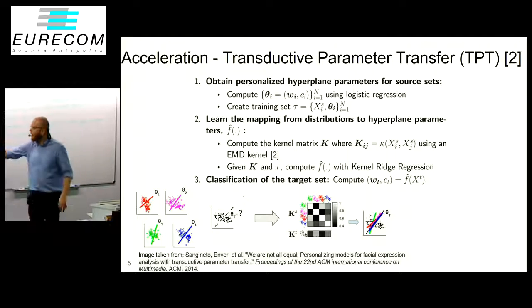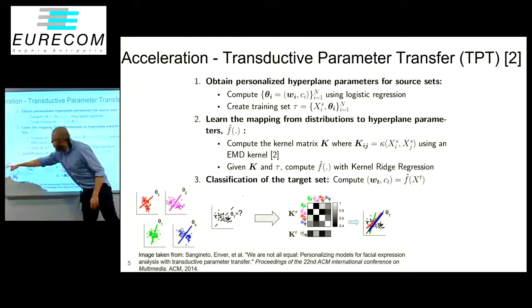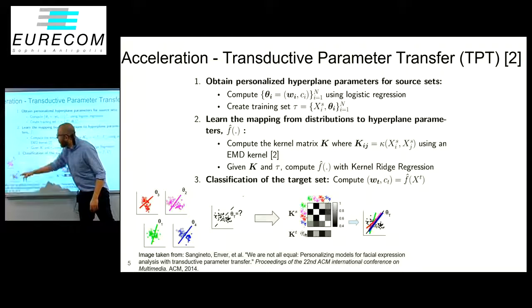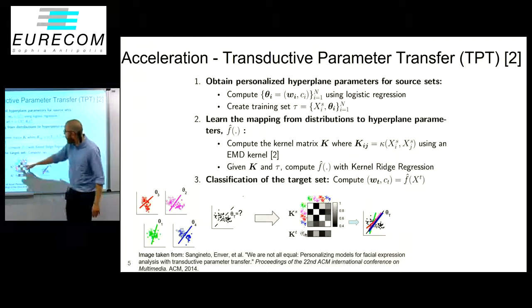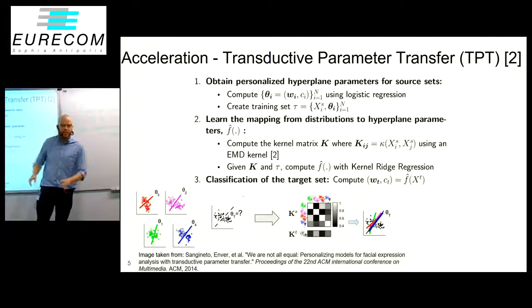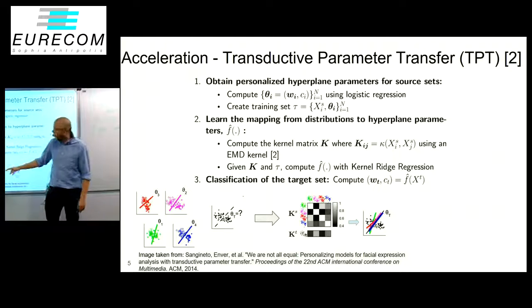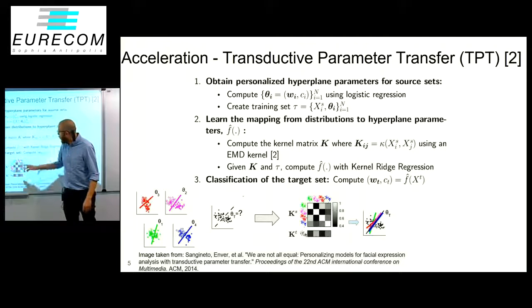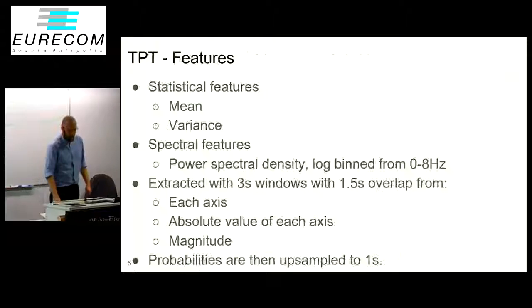This image basically shows it. There is data coming from one participant, another participant, and you're trying to find the parameters for a new participant. You learn this kernel matrix, which shows the similarities or the distances, as you want to say, between these source sets, and then you learn this mapping and obtain the classifier for the new one.